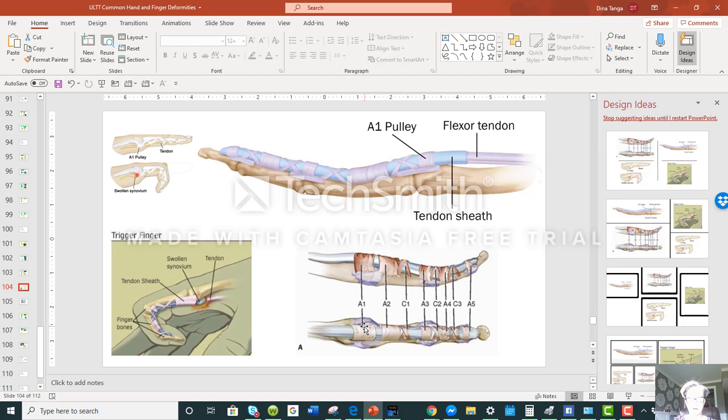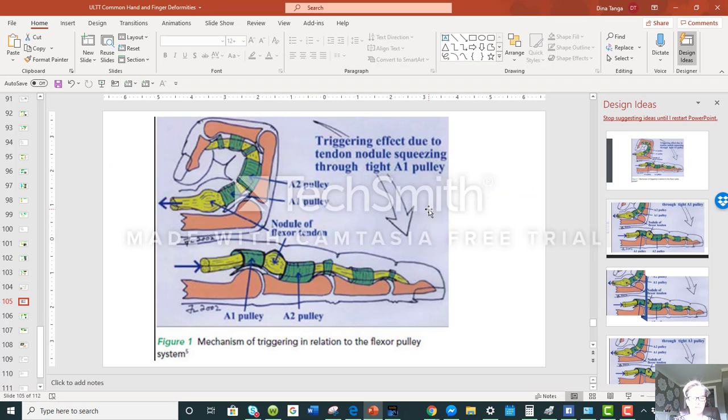It's right at the end of the metacarpal. That's a swollen synovium. And this is the pulley system.